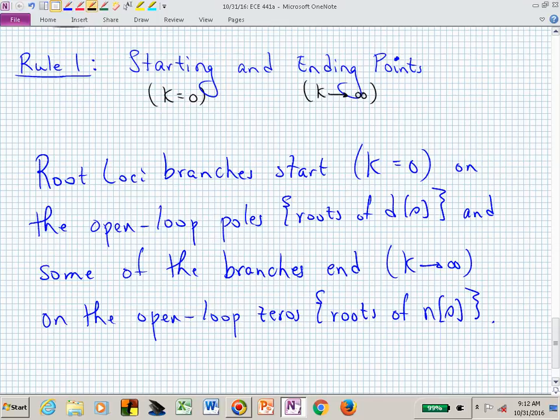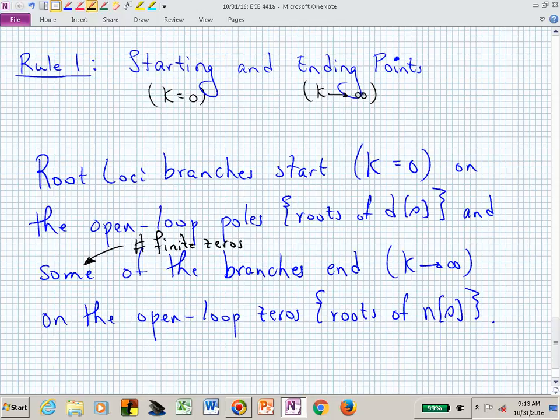Anticipating that some of you are going to ask, what does "some" mean? We always need to worry about these vague terms. "Some" really corresponds to the number of finite zeros. Those are really the roots of little n of s. Depending on the degrees of our n of s and d of s polynomials, we might have zeros at infinity.